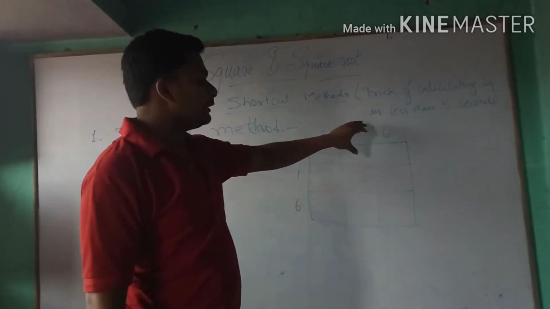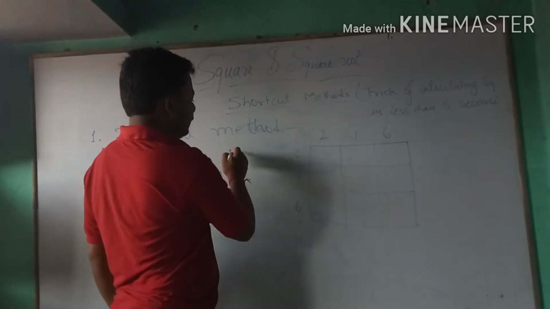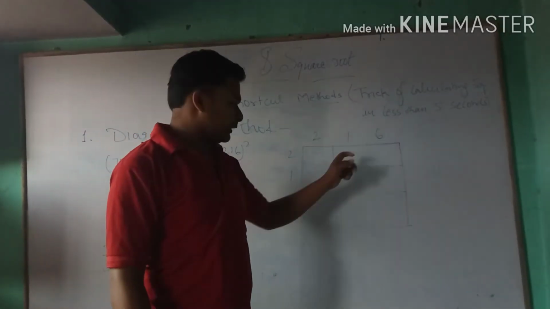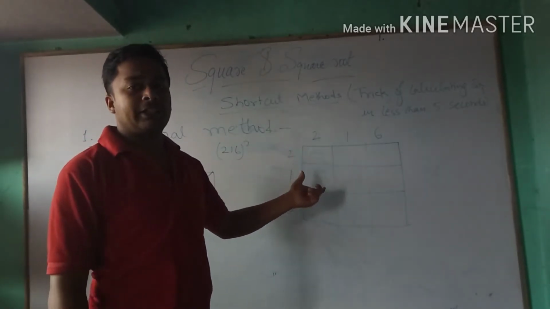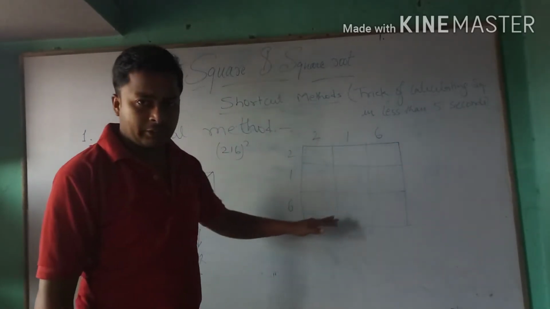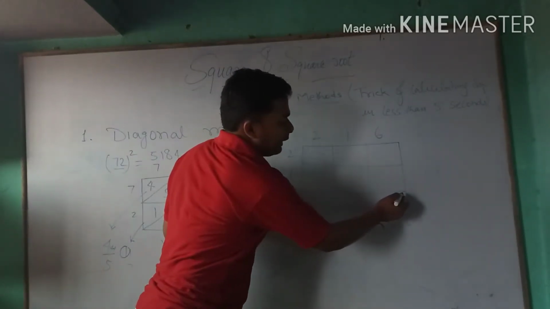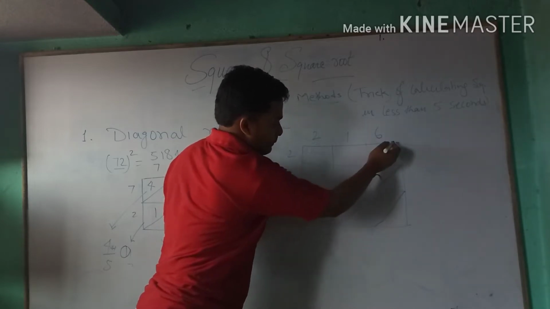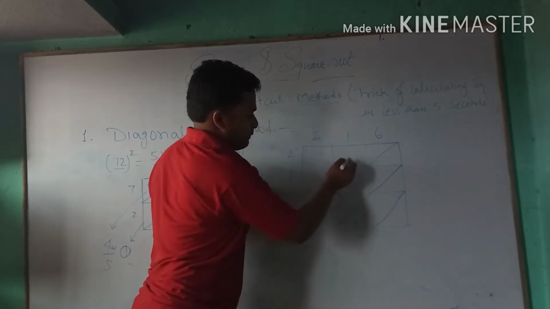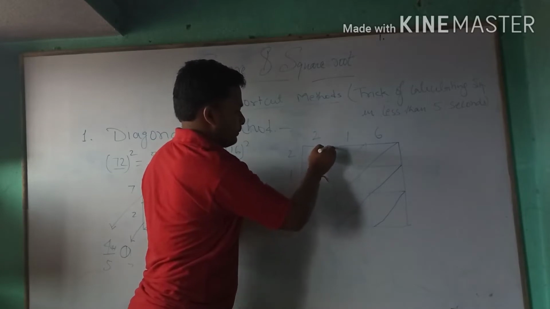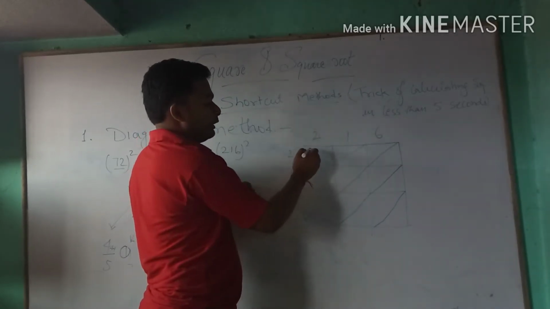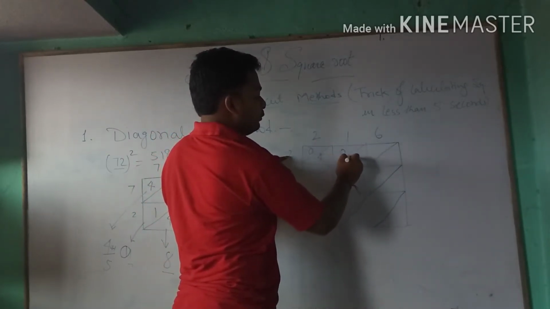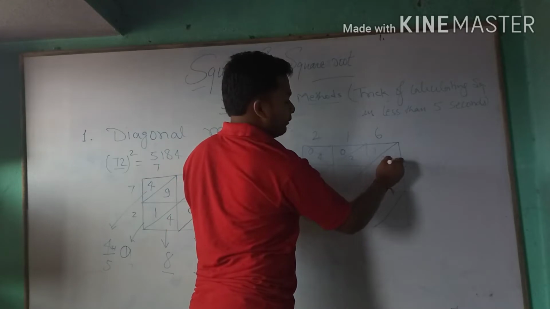Now we have a 3-digit number, that is 216. If we have to calculate the square of 216, it will be segregated in the form of 3 rows and 3 columns. So if we divide the diagonals, now 2 into 2 is 4, 2 into 1 is 2, and 2 into 6 is 12.